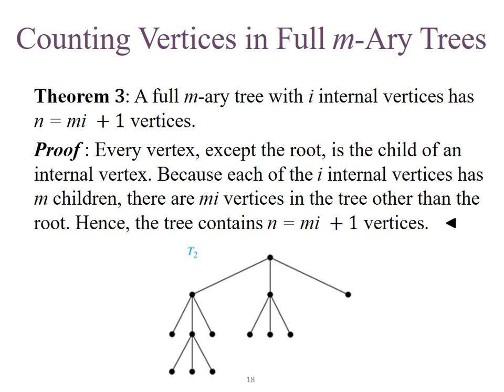For this internal vertex, it has 3 children. For this one, it has 3 children. So if you multiply m and i, you can mark this one, this one, this one, and so on. But we have one vertex left. So the total number of vertices of the m-ary tree is n equals mi plus 1.